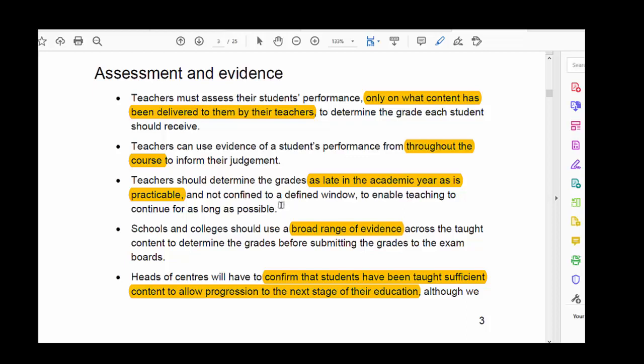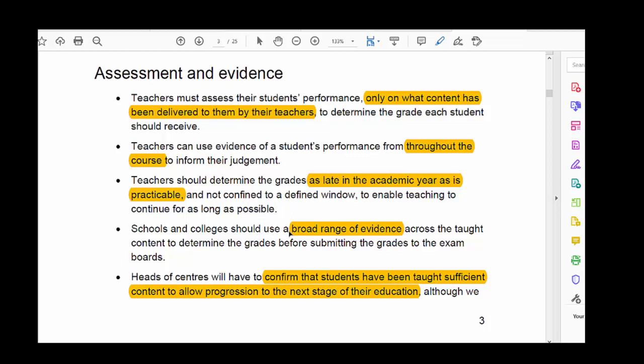So some of you will be doing some tests when you go back to school next week, and they may form part of the evidence by which the teachers will submit your grade. However, I feel that probably later on in May or even early June, you'll be sitting another assessment, and that one will be probably the most important one for you.